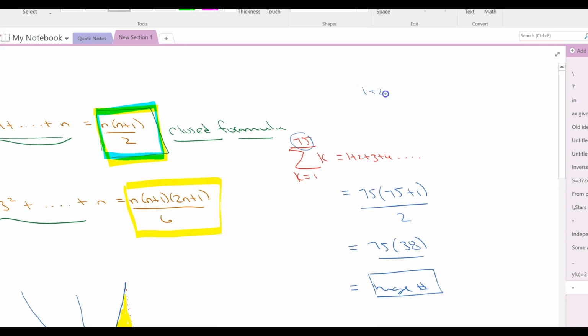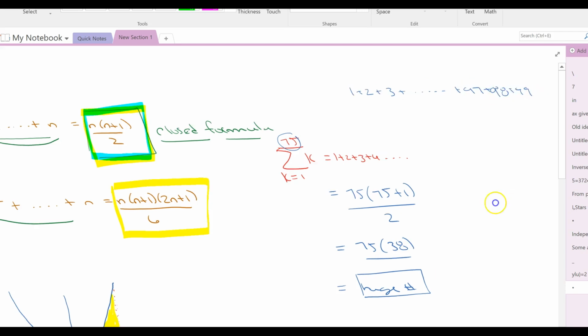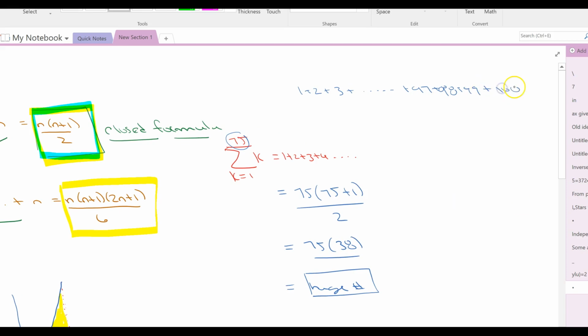You may have done this little puzzly question, which is the sum of the integers from 1 to 100. Some of you may have seen that if you add them in pairs, 99 plus 2 is 101, 98 plus 3 is 101, and what you get is 50 pairs of 101.